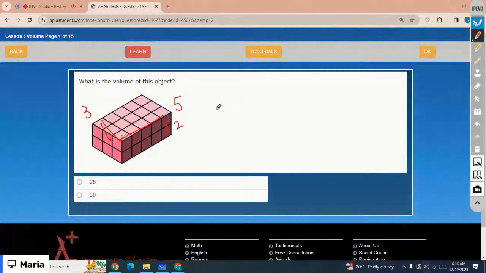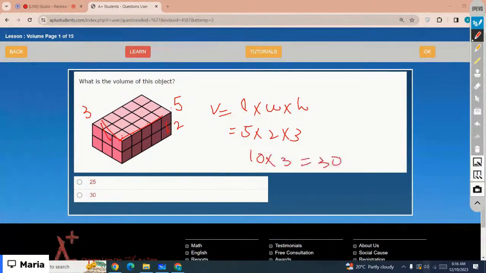So for the volume, you have to do length times width times height. So just do 5 times 2 times 3. So which is the correct option? 5 times 2 is 10 and 10 times 3 is 30. So the volume of the object is 30. The correct option is 30. Very good.